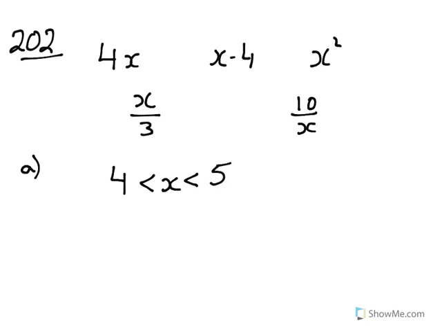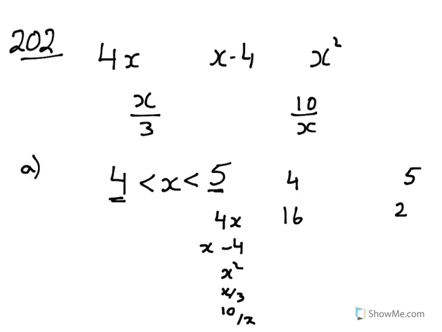Well, again, we can think of what would happen if x was about 4 and x was about 5, and then we'll see if there's any difference between them. So let's have a look at 4 as one extreme and 5 as the other, and see what values we get when we have 4x, x minus 4, x squared, x divided by 3, and 10 divided by x. Well, when x is 4, we'd get 16.